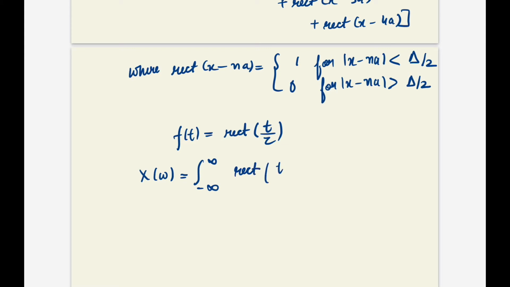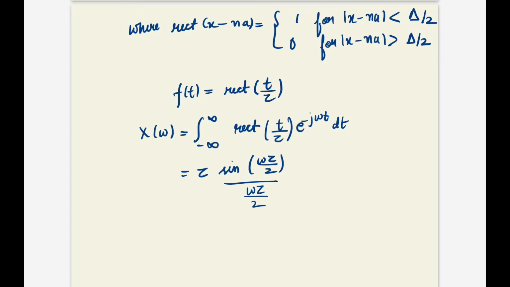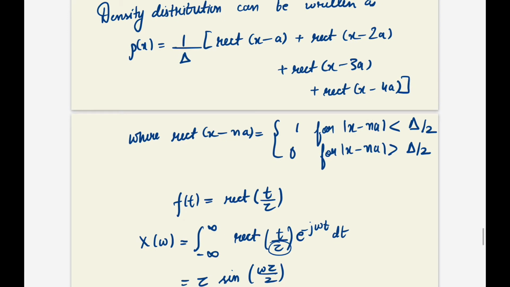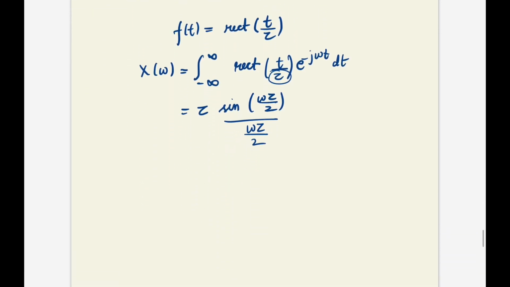We will write this, and then it can be solved for the limits, and it will come out to be tau times sine of omega tau by 2 divided by omega tau by 2. Here the t by tau is missing, so therefore it won't be there in our calculation.